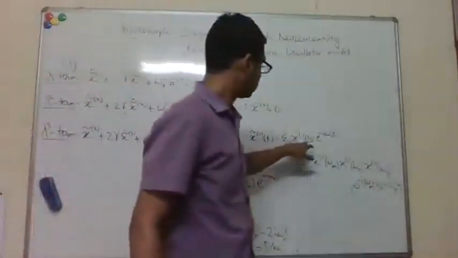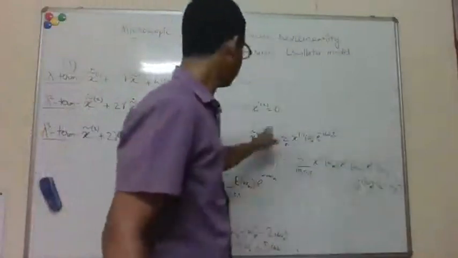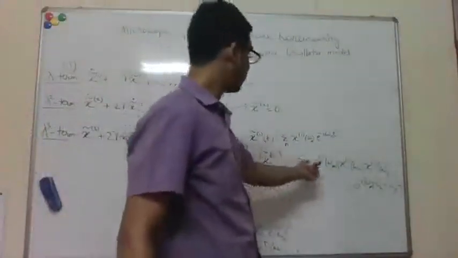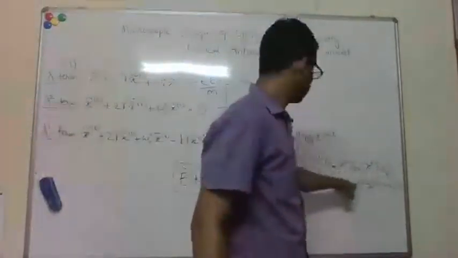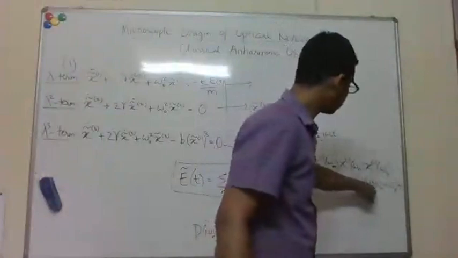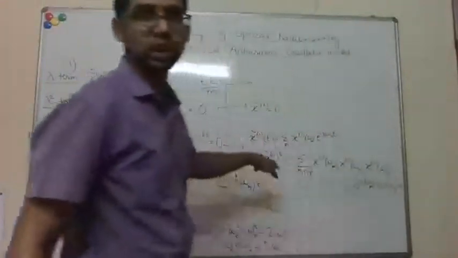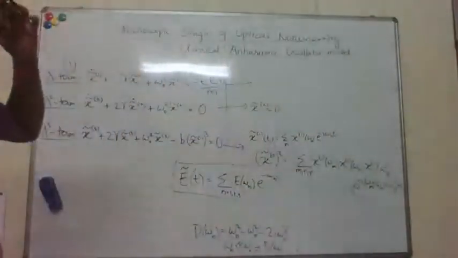So I have some sum of certain frequencies here, and then when I cube it, I'll get terms which are the product of 3 terms, and the frequency goes as, of course, the sum of the 3 frequencies. Is that clear? Straightforward.